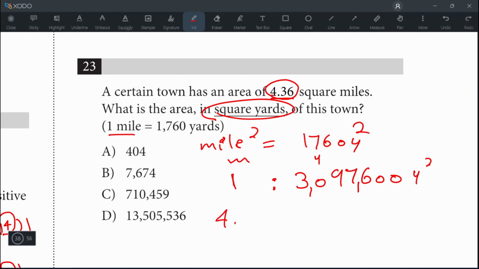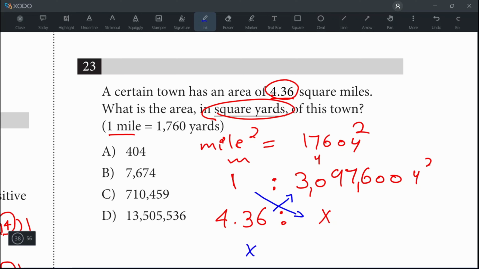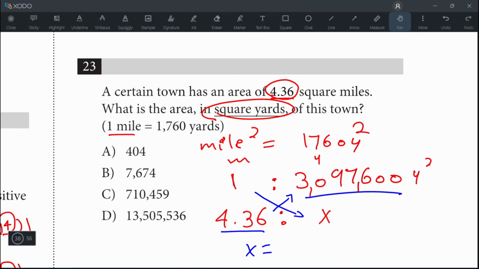What about 4.36 miles? What would that equal in yards? Let's say x. What we're going to do here is cross multiply. So x will equal 3 million multiplied by 4.36, which is about 13 million and 500,000 square yards. So the answer for this question is letter D.